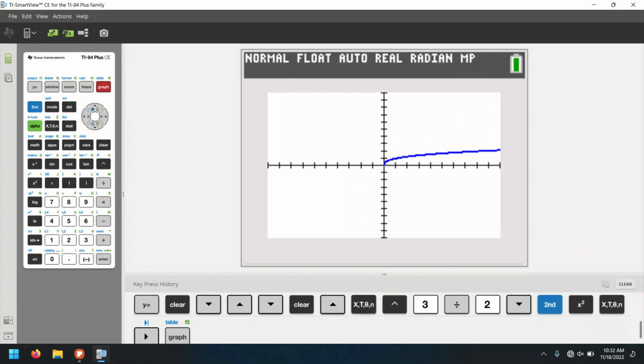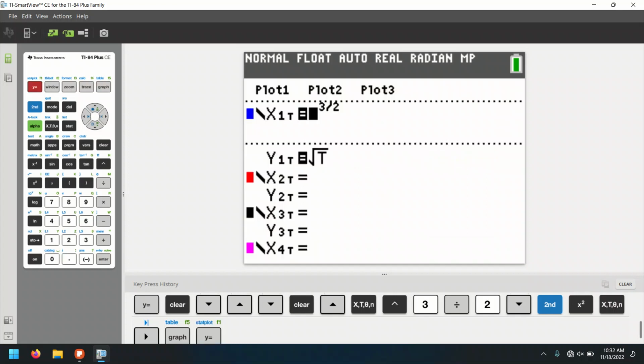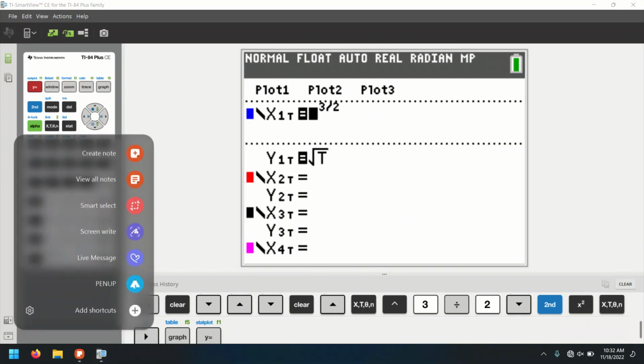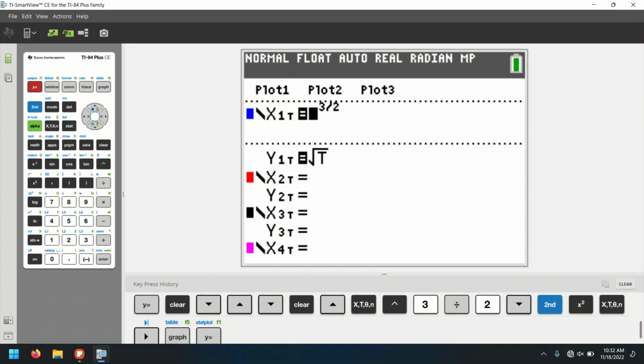It's only from 0 to infinity. If you're wondering why, check the equation y equals the square root of t. What's the domain of y equals square root of t, or square root of x, doesn't matter? Isn't it only the set of all positive numbers and 0? That explains why we are only getting the positive counterpart of the tail.